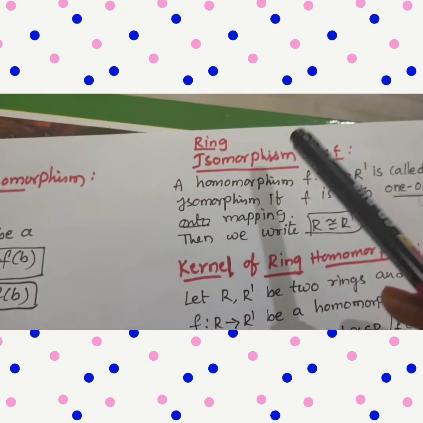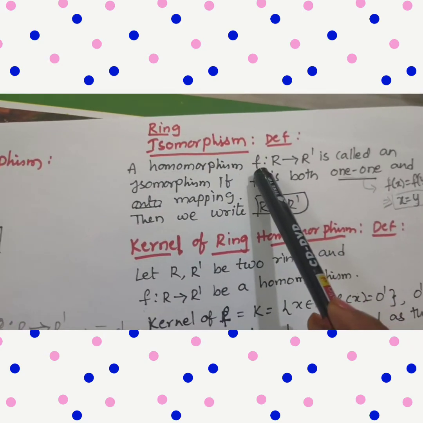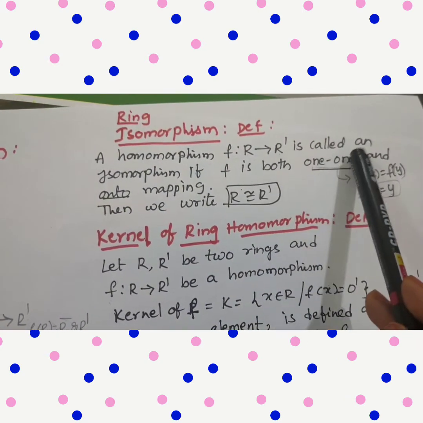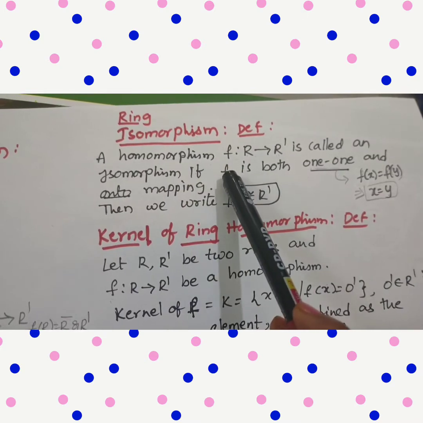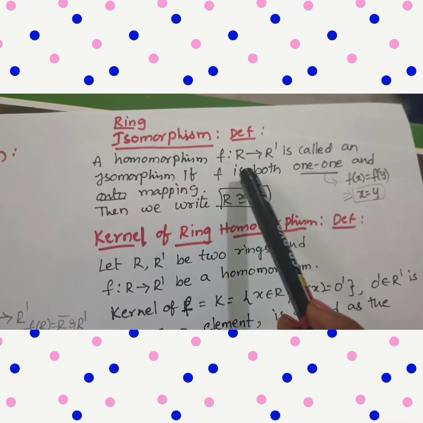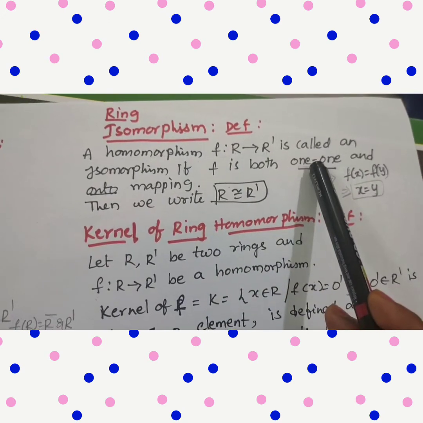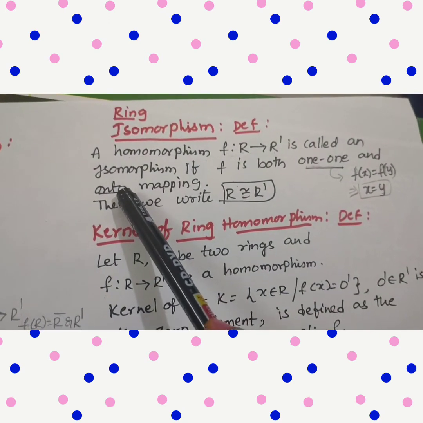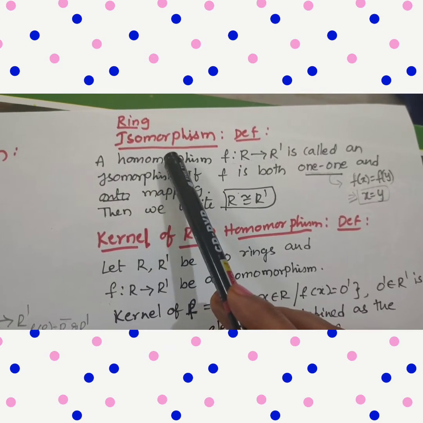Next, isomorphism. A mapping f from R to R dash is called an isomorphism when this function satisfies these conditions. What are the conditions? The function must be one to one and onto, and it must also be a homomorphism.